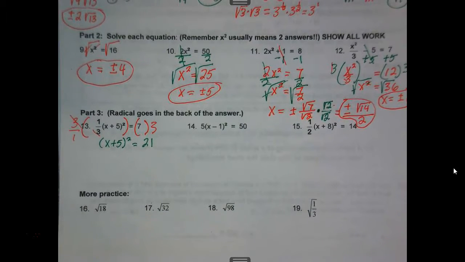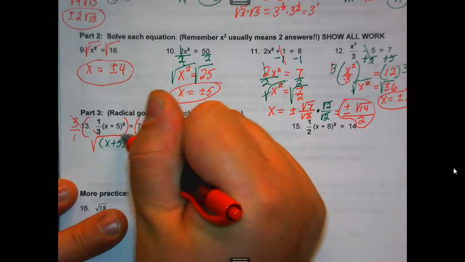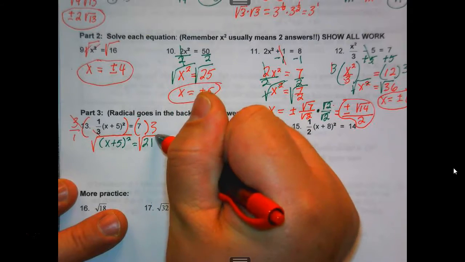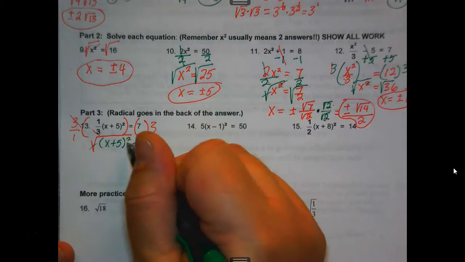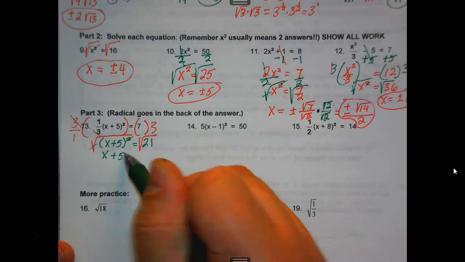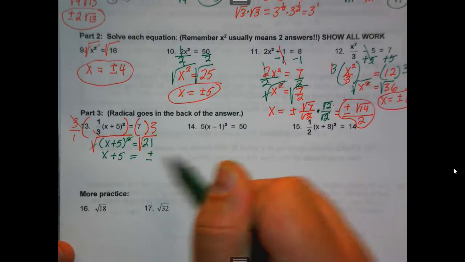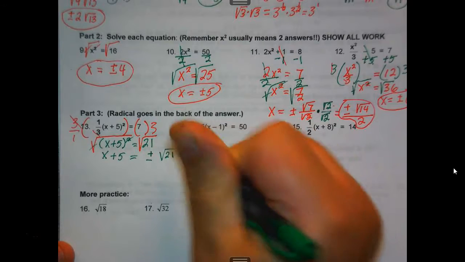Okay, we ready? How do I get rid of the power 2? Square root both sides. So I get x plus 5 equals plus or minus the square root of 21. Can I simplify that?